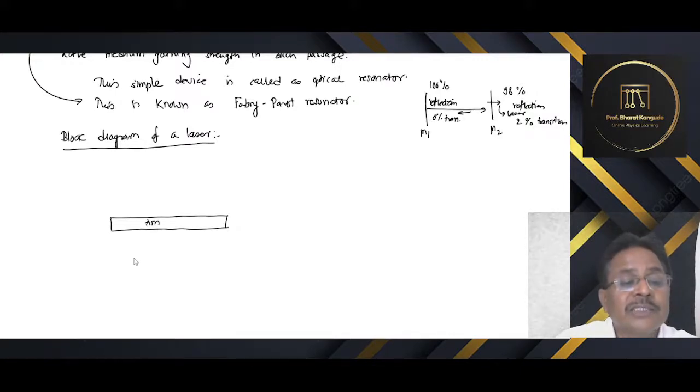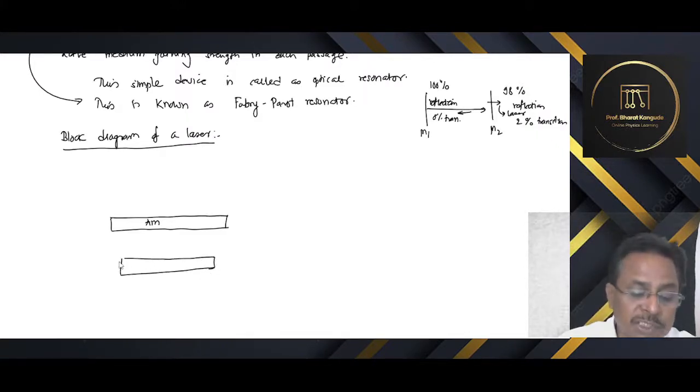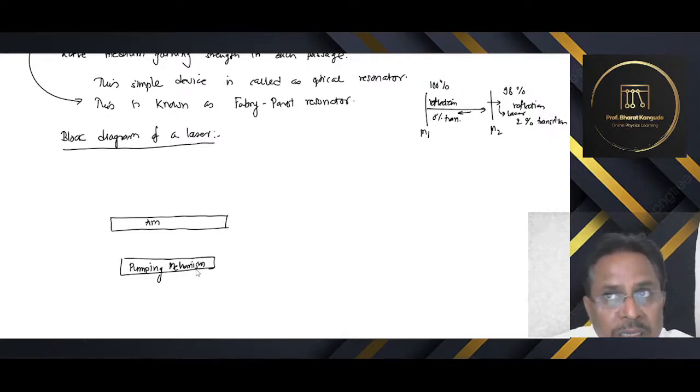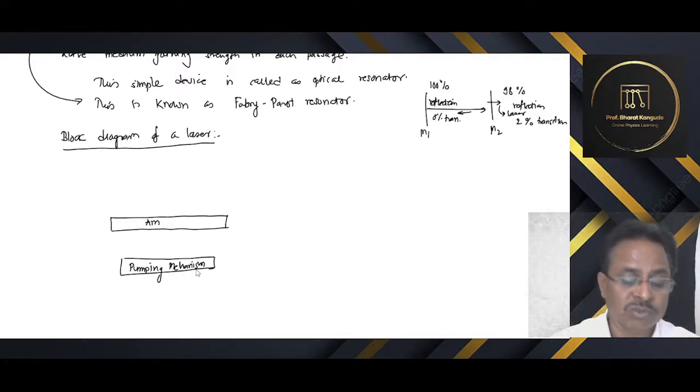Then there is one assembly which is called pumping, P. Pumping is the mechanism that is required to create population inversion inside this active medium. Then, as I said, there are two mirrors.